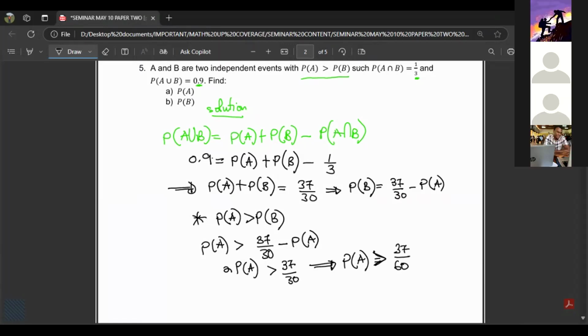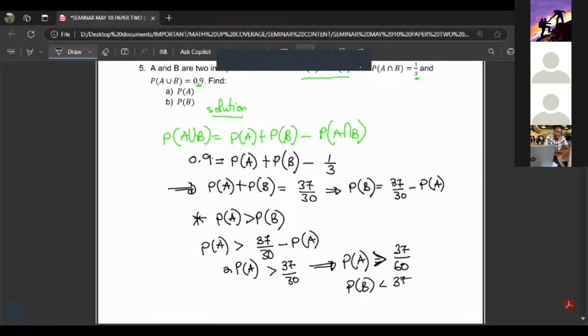And again, if you make the substitution, you're going to have that the probability of B is less than 37/60. And for a fact, this has met the inequality.